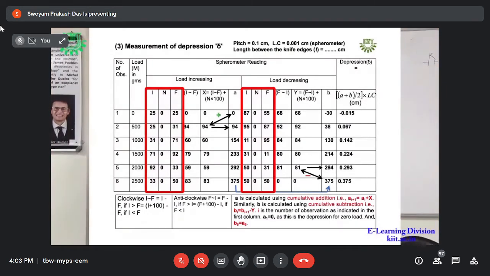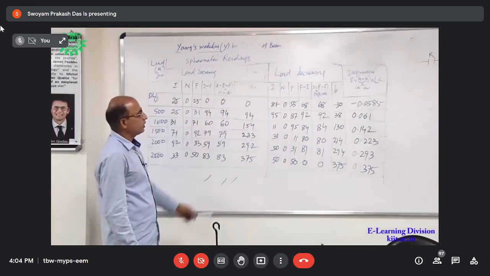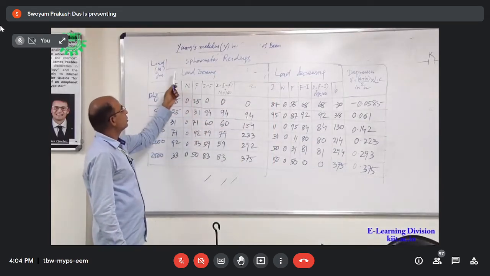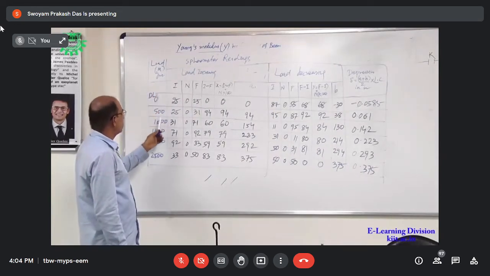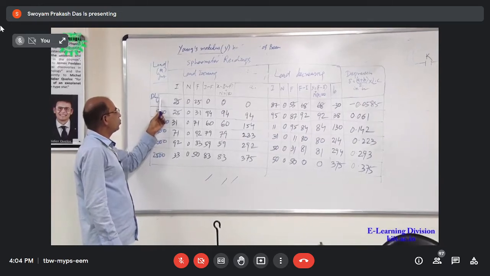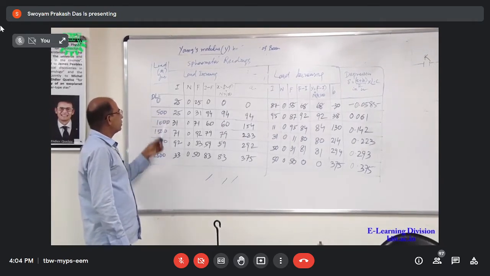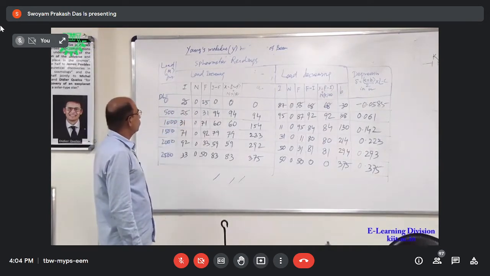So whatever data we got from our experiment, we will enter into the table that is given in our manual. This is the first column, load M in grams, which is given here in terms of 500 gram. Initially at the first observation, dead load was there. There is no load initially. At this condition, the reading was found.